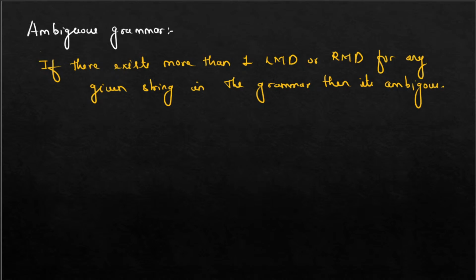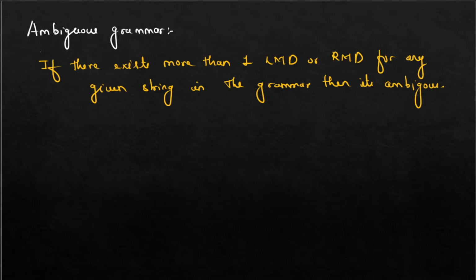So the parse trees of LMD or RMD may be different, and a grammar is ambiguous if we find at least one string for which more than one LMD or RMD exists. And no algorithm exists to check ambiguity, which is why ambiguity is undecidable. There are some grammars from which we can remove ambiguity, and there are some grammars from which we can never remove ambiguity. That is called inherently ambiguous.